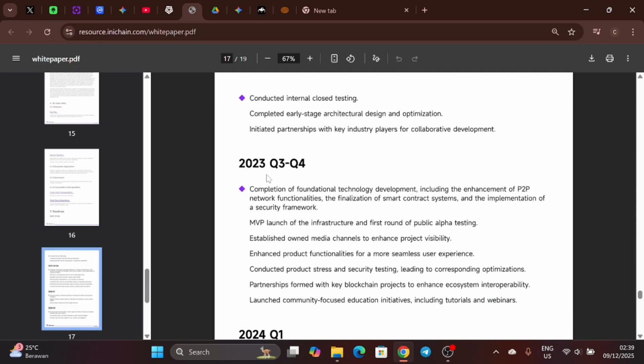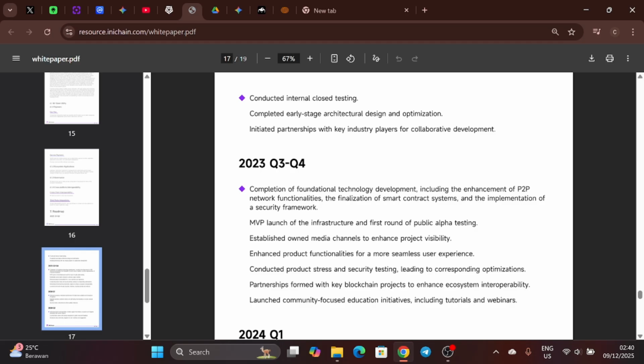Then in 2023, Q3 and Q4: completion of the foundational technology development, including the enhancement of P2P network functionalities, the organization of the smart contract system, and the implementation of the security framework. Next, MVP launch on the infrastructure and the first round of public alpha testing.